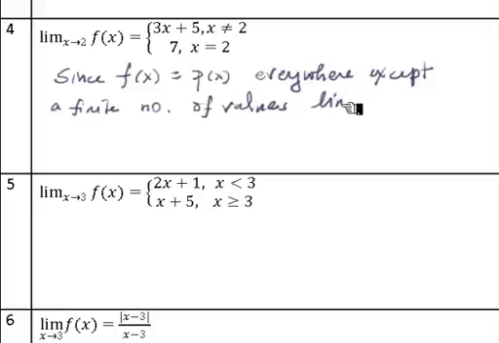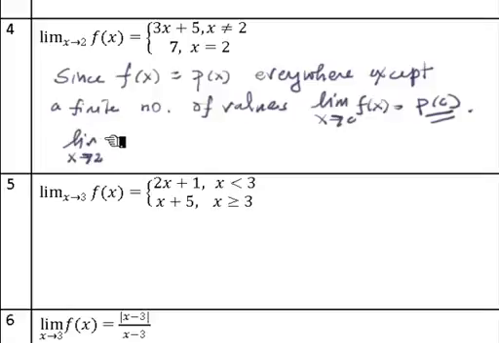This is our rule: the limit as x goes to c of f of x is equal to p of c. In other words, substitute into the polynomial. So in our case, the limit as x goes to 2 of f of x is equal to p of 2. Just substitute into 3x plus 5.